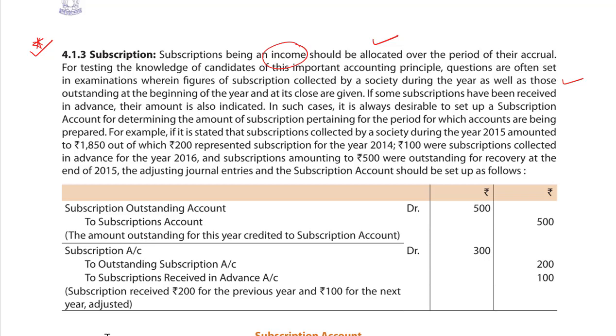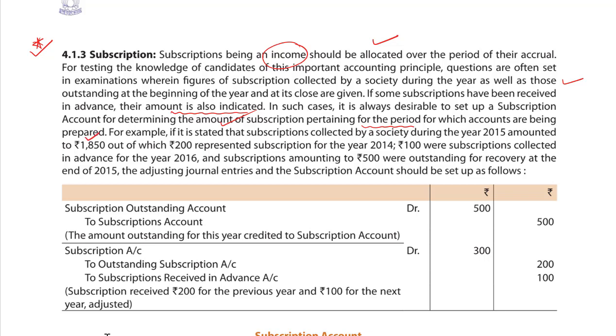If some subscription has been received in advance, where their income is also there, the amount is also indicated. In such a case, it is always desirable to set up a subscription account for determining the amount of subscription pertaining to the period for which the accounts are being prepared.